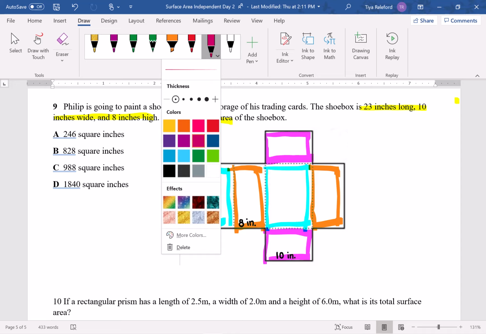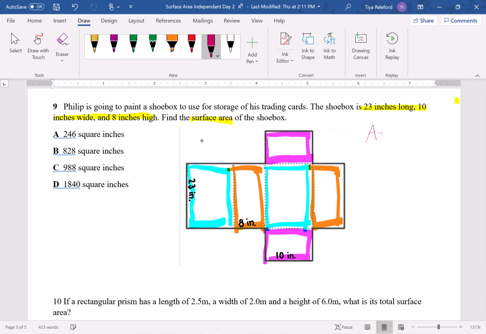So if you start with your bases, you have 10 and 8.